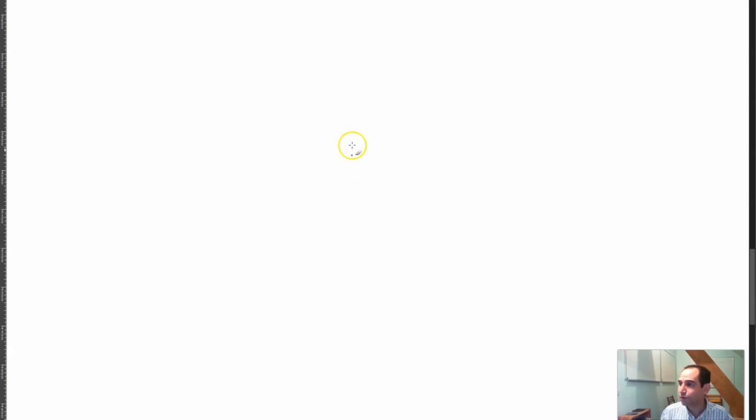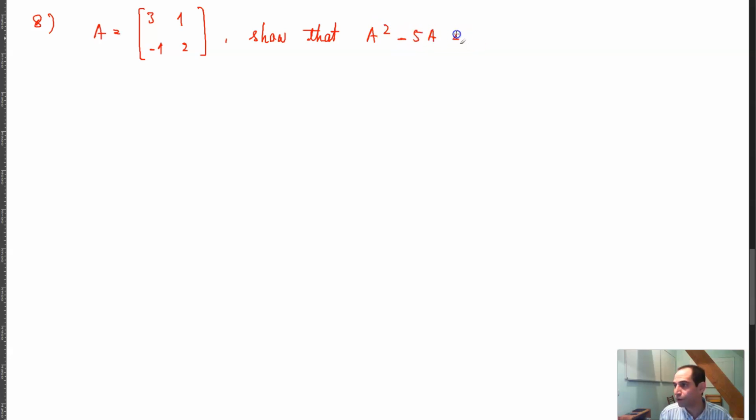Exercise number 8. We have A is equal to this matrix, 3, 1, negative 1, and 2, and you want to show that A squared minus 5A plus 7I is equal to O. You can basically put all of these together one by one, and then you can of course show that.